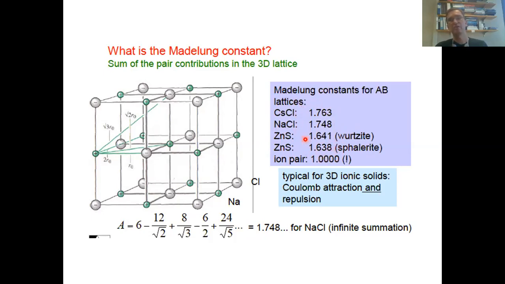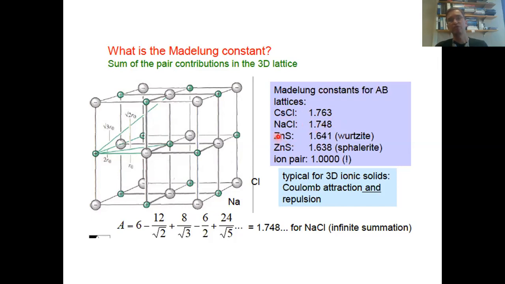So when you analyze these numbers, you will see that the coordination number has some influence here. In cesium chloride, we have the highest coordination numbers. Each cesium is surrounded by 8 chlorines, and each chlorine is surrounded by 8 cesiums. So we have an 8-8 coordination here. For sodium chloride, we have a 6-6 coordination, giving slightly smaller numbers.